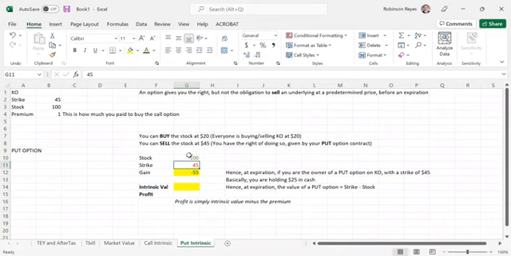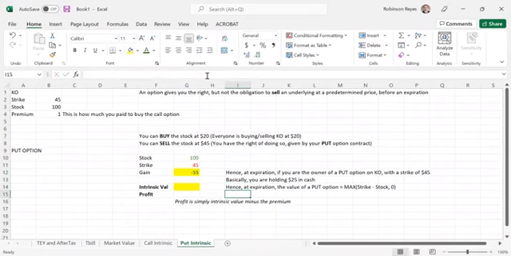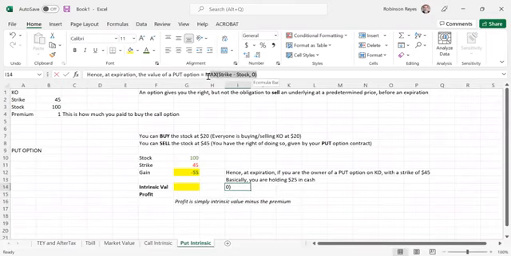You're not interested in selling at 45 because you can sell at 100 in the open market to everyone. So we have to make this small adjustment once again, which is the max of strike minus stock, or zero. That is the formula we can use for the intrinsic value of a put option.